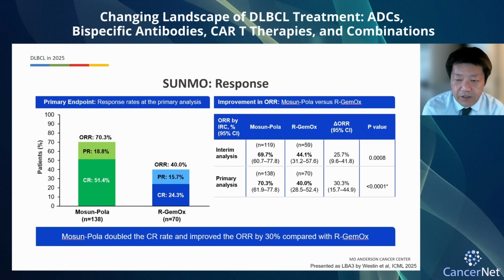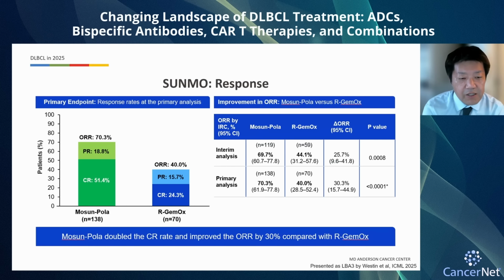So the slide shows the response rate from the SUMO trial. And again, you can clearly see a difference in response by the treatment arms. In the mosunetuzumab polatuzumab arm, the overall response rate was approximately 70%, with a complete response rate of about 50%, demonstrating the strong activity of this non-chemotherapy bispecific ADC combination.